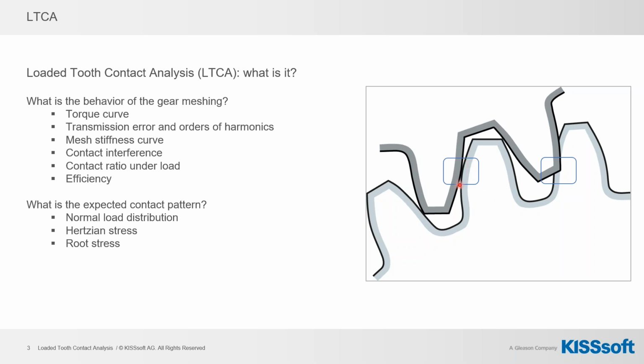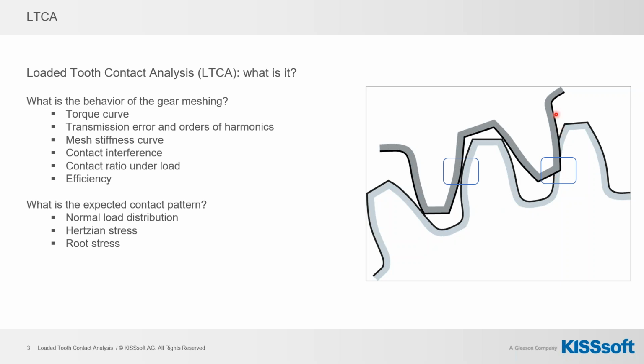And there is also Hertzian flattening. With the analytical models that we provide with LTCA, especially this Hertzian flattening is calculated very accurately, whereas with finite element methods, you would need a very, very dense mesh even to be able to account for such effects.